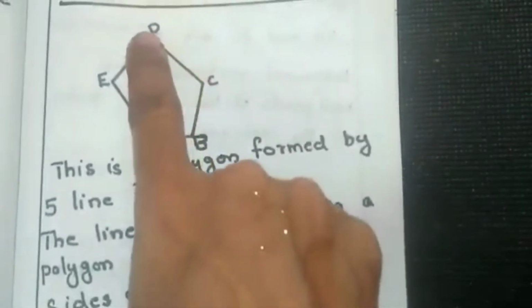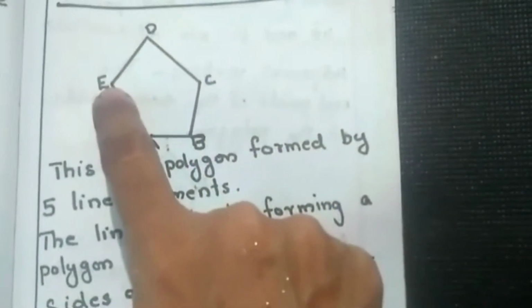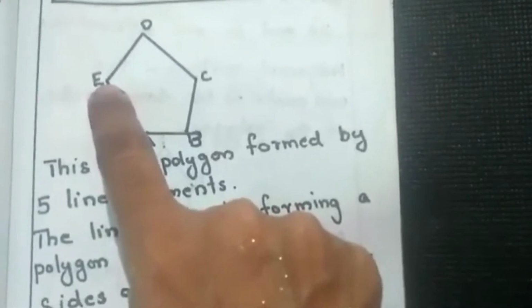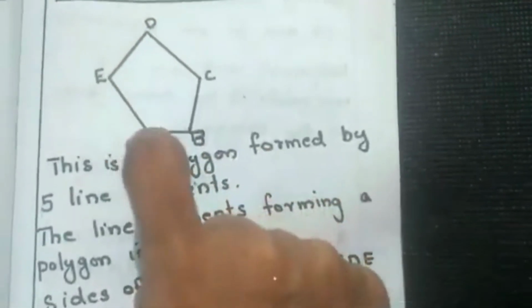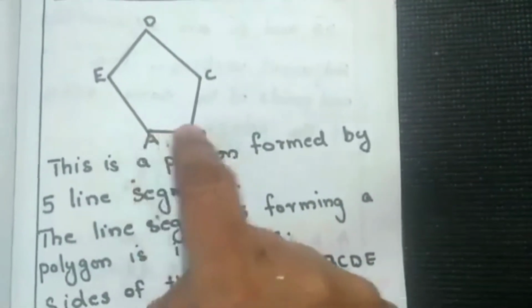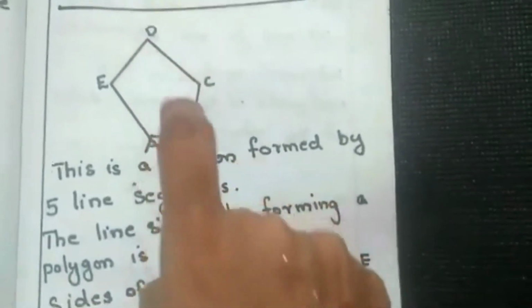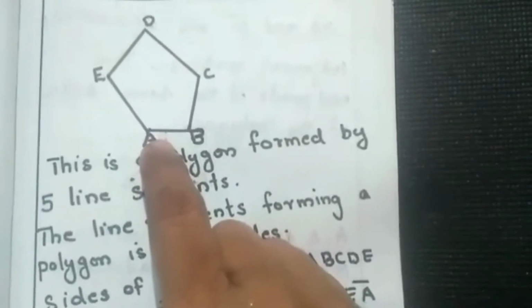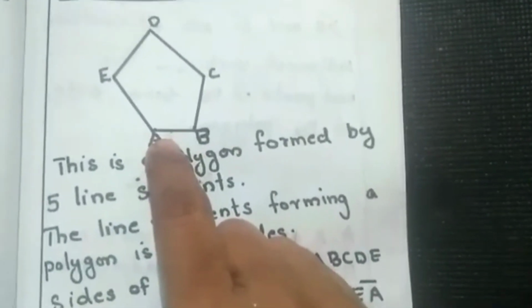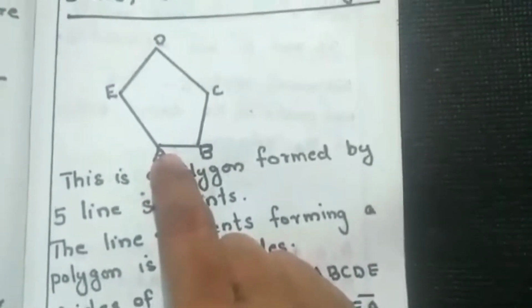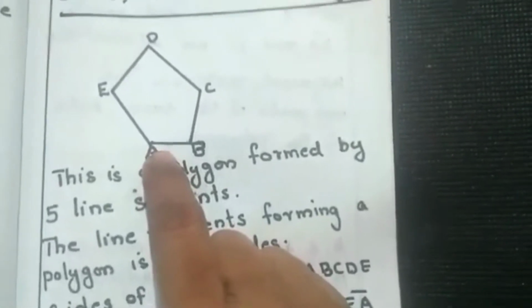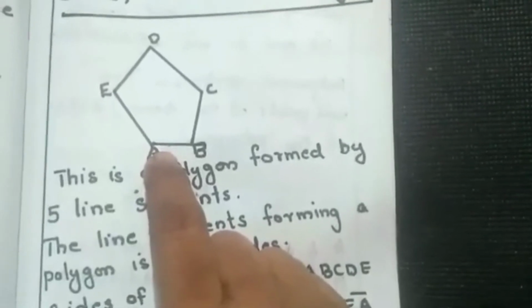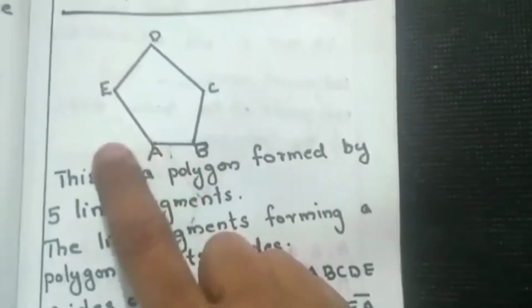Moreover, CD and DE have the common vertex D, so CD and DE are adjacent sides. But AB and CD are not adjacent sides because they have no common vertex. So before defining the diagonal, we have to learn adjacent sides and adjacent vertices.